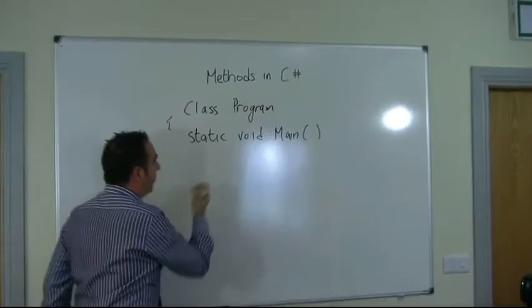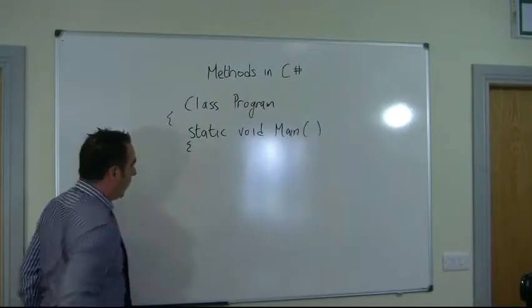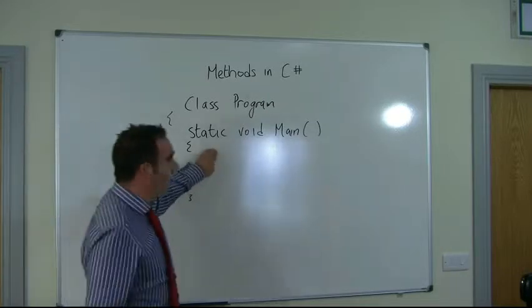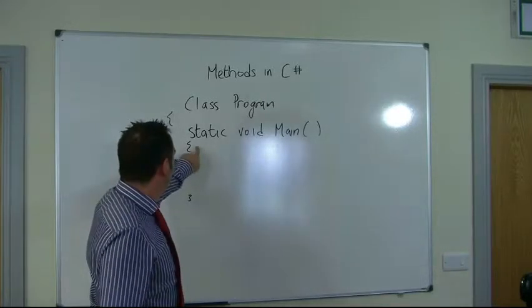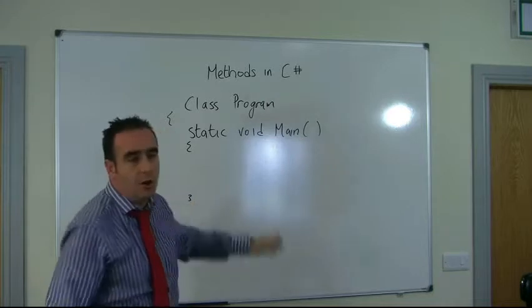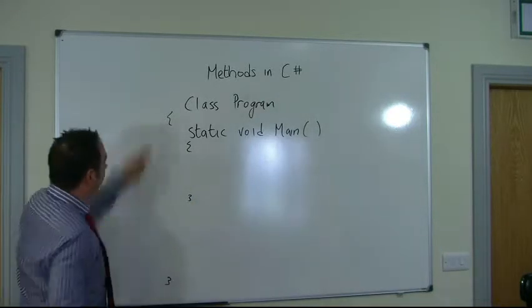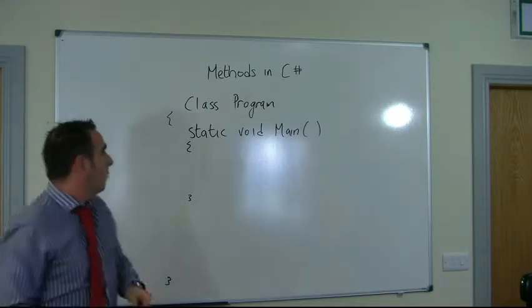That's our main method there, and I'm going to open a curly bracket and close a curly bracket here. This is the start of the execution. We'll start at this curly bracket and we'll end here. And finally, I'll finish up by closing off our class curly brace for our program.